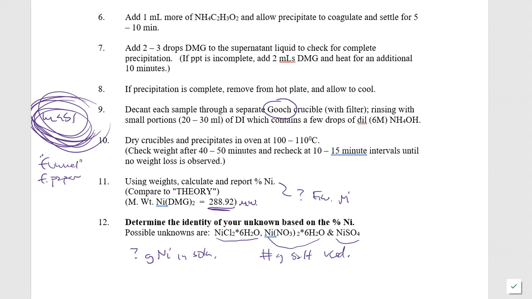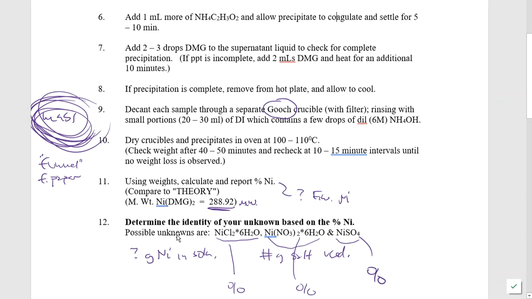So for instance, what percentage here is nickel, what percentage there is nickel, what percentage here is nickel. Which one does it match up with? You'll be able to determine that because now you'll know the amount of nickel in solution based on the gravimetric analysis part. And you also know the start mass that you used in the very beginning.